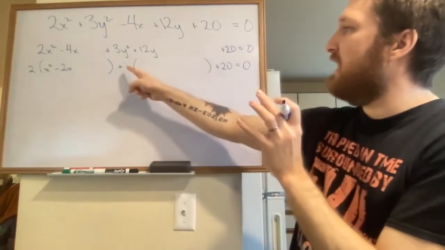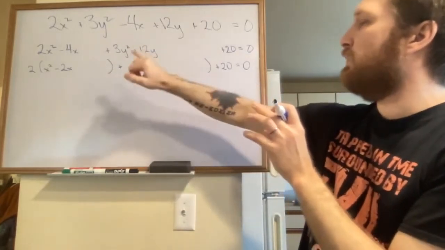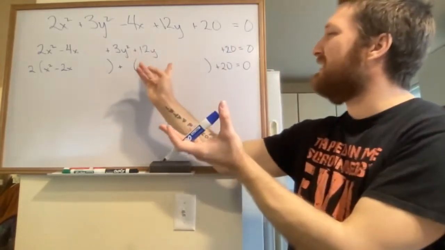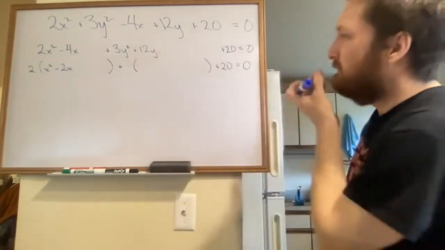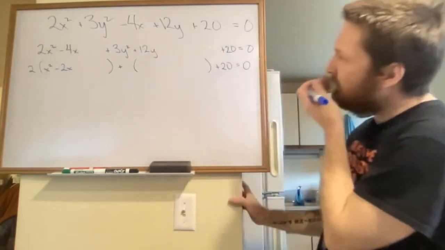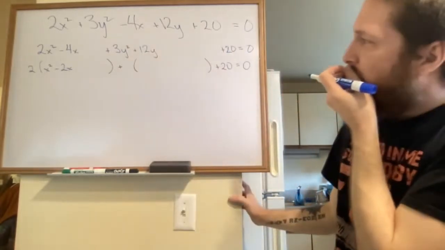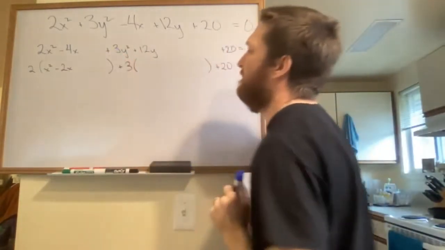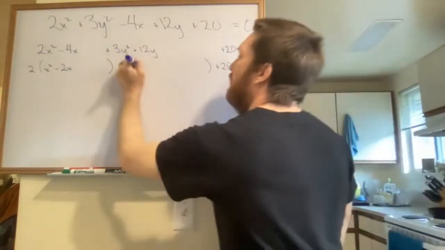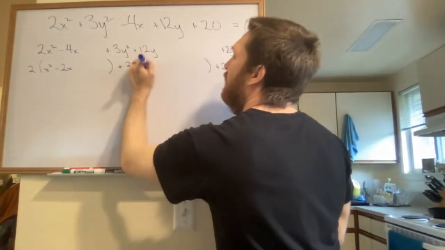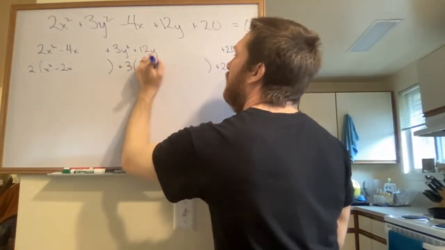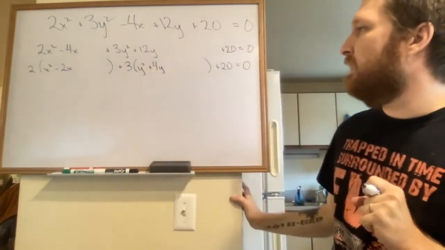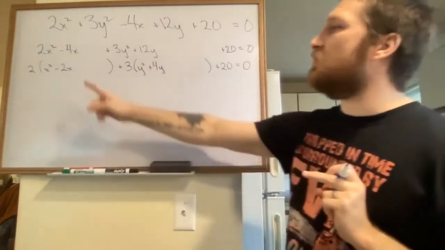Tell me what goes on the outside of these parentheses, and tell me what goes on the inside here. The 3 goes on the outside. And then what's left on the inside? Y squared plus 4y. Okay. Now let's complete the square on the x.